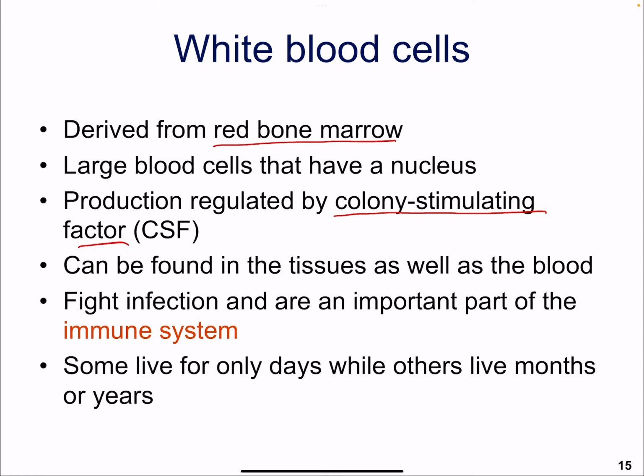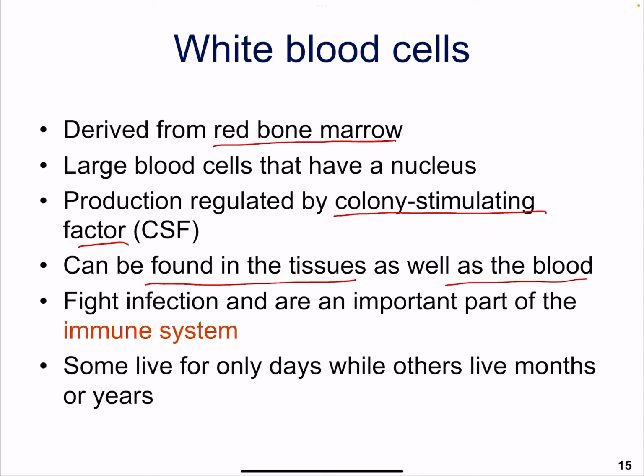When the stem cells in the red bone marrow receive CSF, they undergo differentiation into white blood cells. Okay? The white blood cells can be found in tissues, stored, or in circulation in the blood.